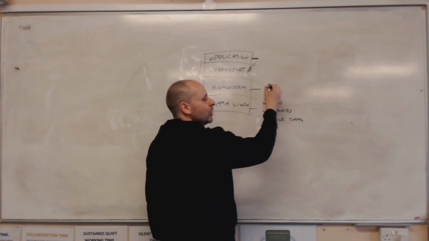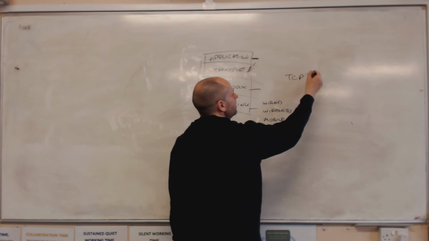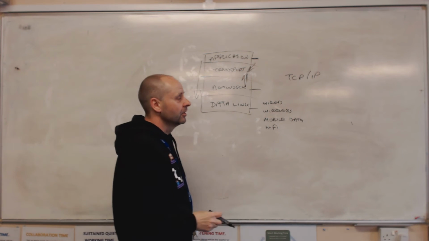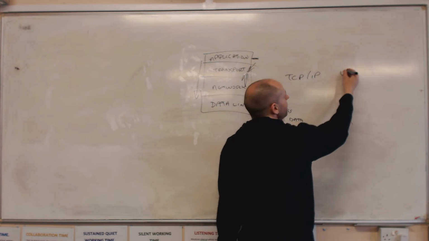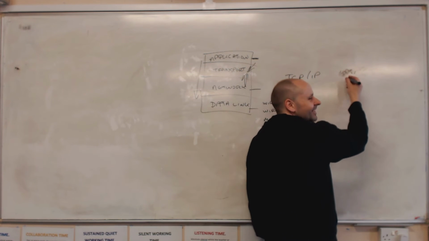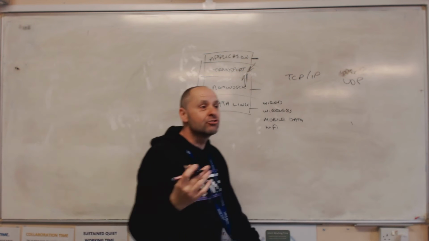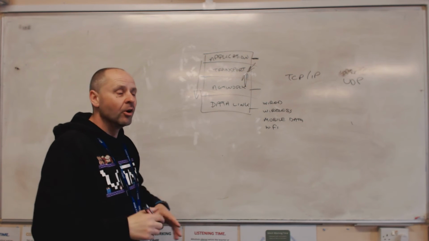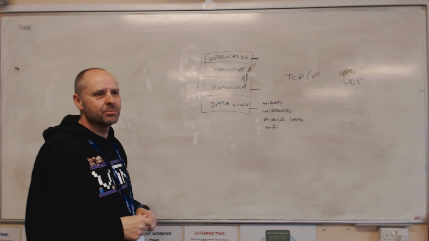So if I'm not using TCP/IP, which is what these two are about, I can switch it out and use something else like UDP. I can switch it out and use a different network protocol, which is slightly different to TCP/IP.